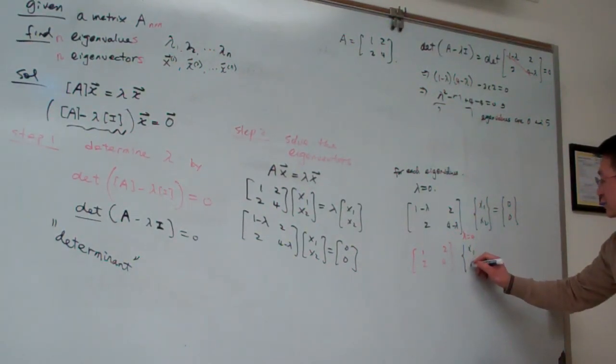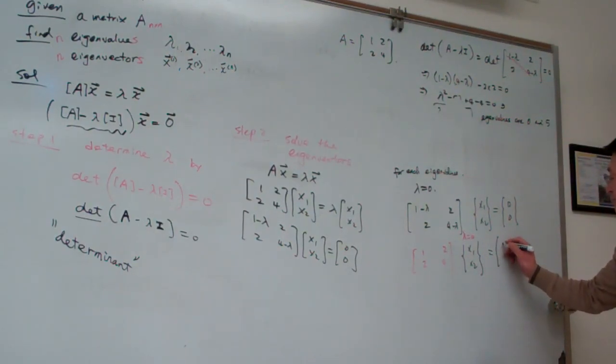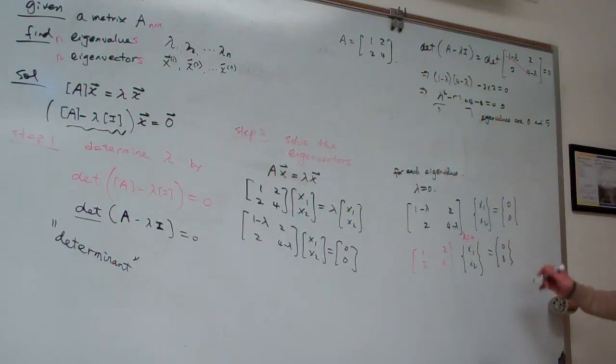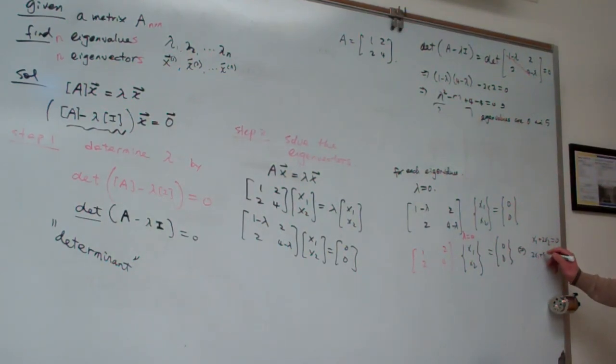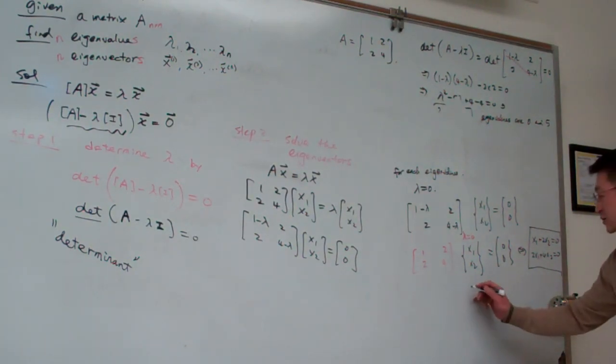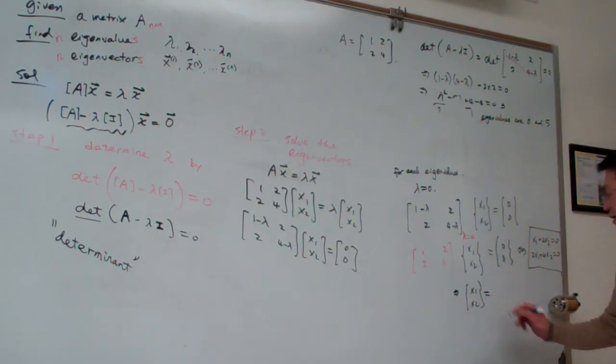And multiply with x1, x2 equal to 0, 0. And you see this is linearly dependent. So basically this is equivalent to x1 plus 2x2 equal to 0 and 2x1 plus 4x2 equal to 0. This one is apparently linearly dependent. We're not able to solve for a unique value, but we can solve for the relation. Right? So from here we know x1, x2 will be in such a relation.